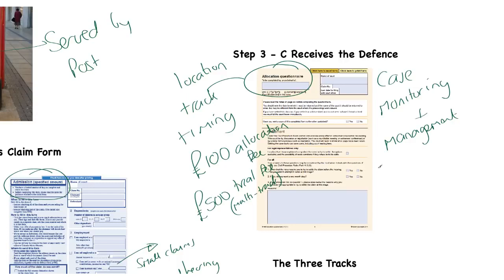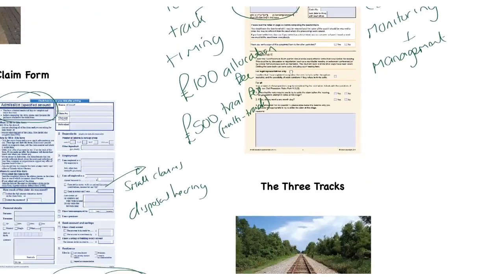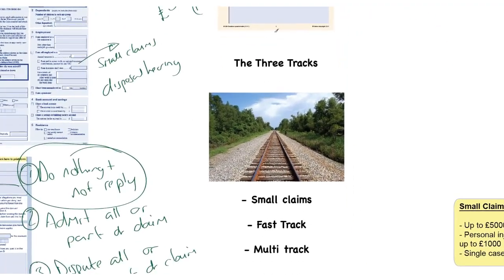Once the allocation questionnaires are completed, a procedural judge will allocate a track. And that procedural judge will normally be a district judge. So a district judge is normally the one that issues the track.